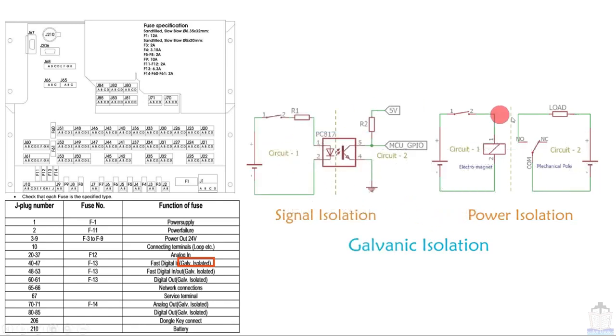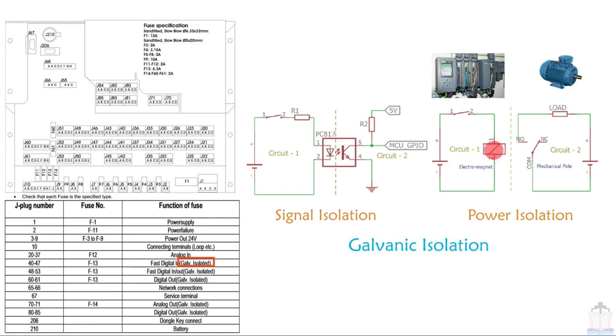In this diagram you can see there are two types of galvanic isolation. One is power isolation and the other is signal isolation. In power isolation, I am isolating the power of two different systems which are somehow connected with each other. Here you can see that this circuit represents the PLC and this circuit represents a load like a motor.